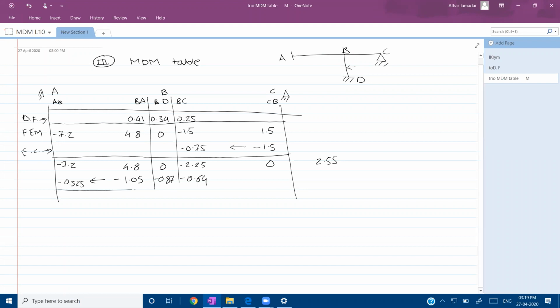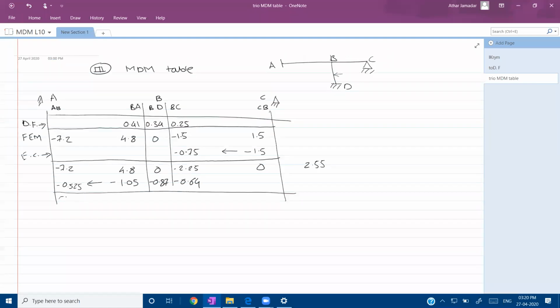Now we will take the summation here. So this minus 7.2 minus 0.525, it is going to be minus 7.725. This value is minus 7.725. Then this 4.8 minus 1.05 is going to be 3.75.